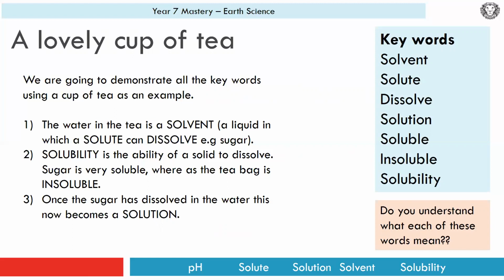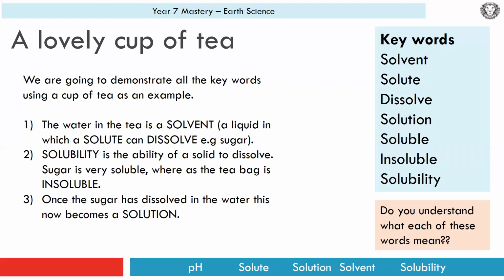Okay, so going from the keywords on the top, point number 1, water is a solvent in tea. A solvent is a liquid in which a solute can dissolve. For example, sugar is a solute. So a solute is something that dissolves in a liquid.